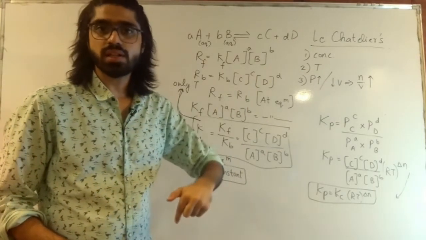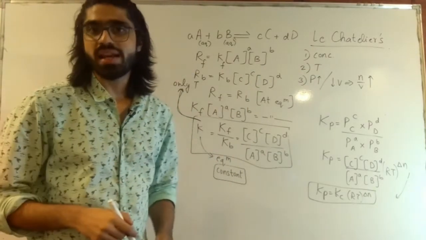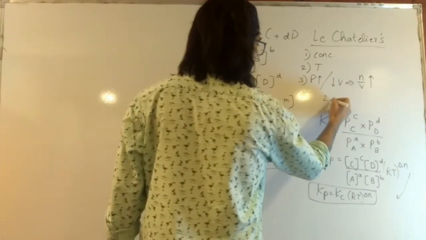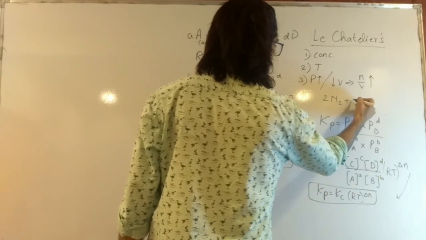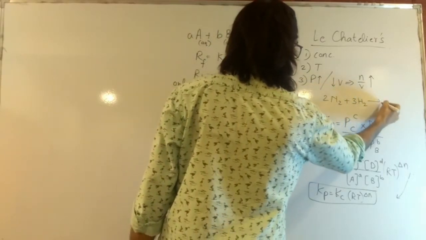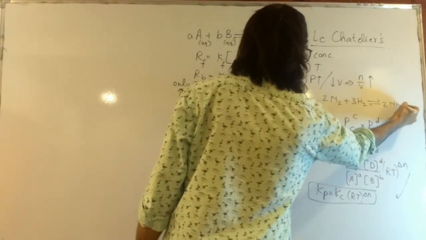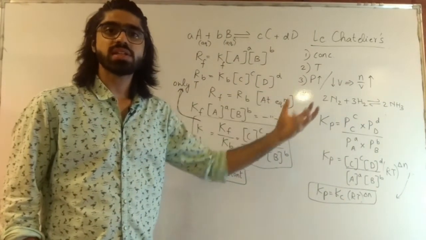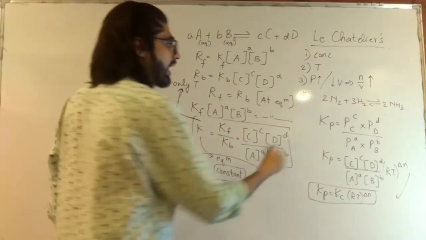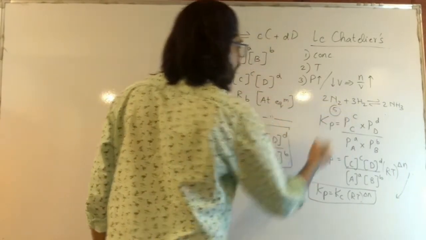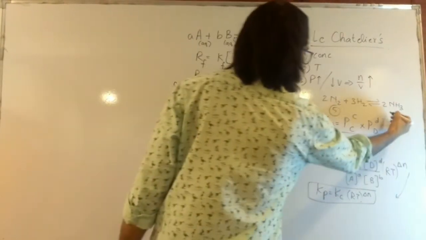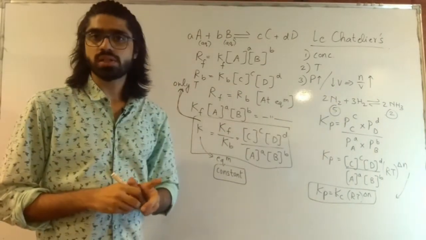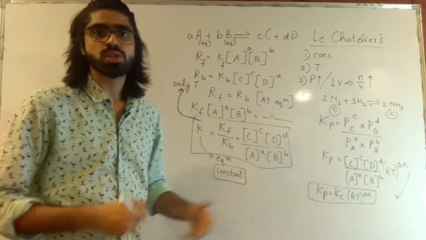For decreasing the number of moles, you need to check the balanced chemical equation. Say, for example, it's the reaction between nitrogen and hydrogen giving you ammonia. In this reaction, on the left hand side, the number of moles are 4, and on the right hand side you have 2 moles. All of them are gases, so you need to consider the moles of gases only when you are studying this concept.